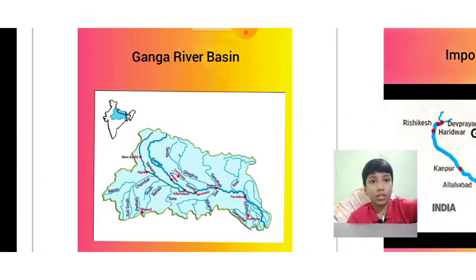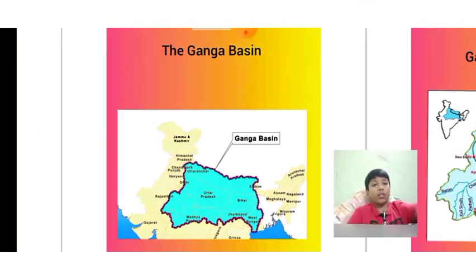Now we will see Ganga. The Ganga originates from the Himalayas. Its main source is Gangotri Glacier.